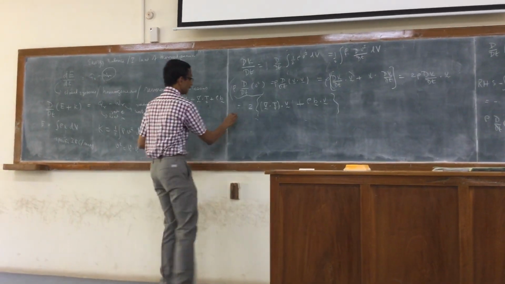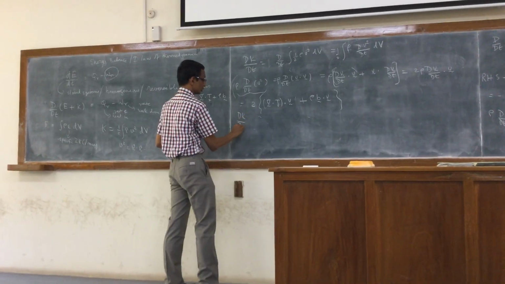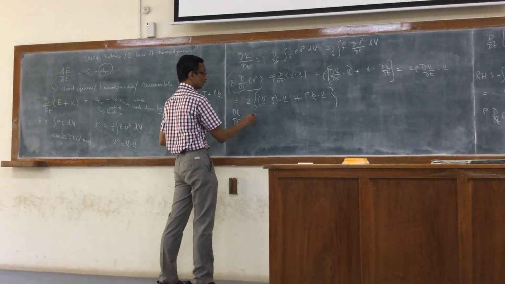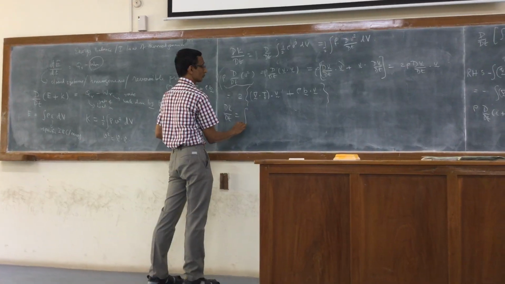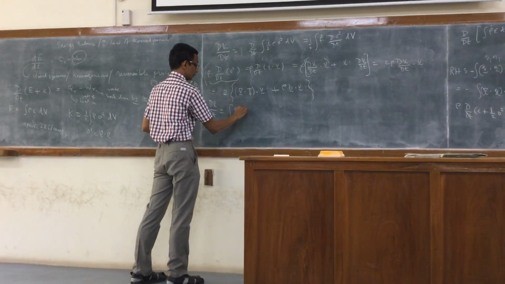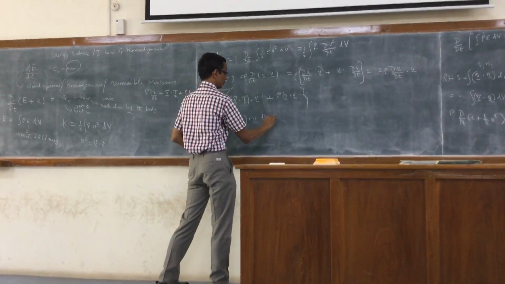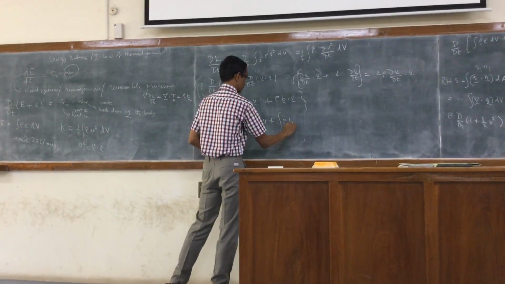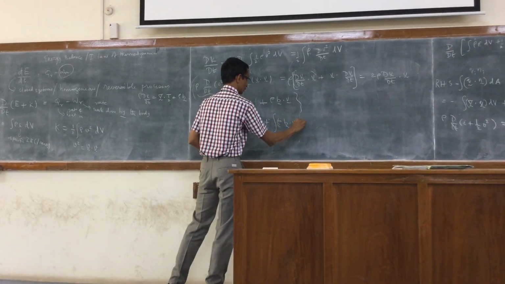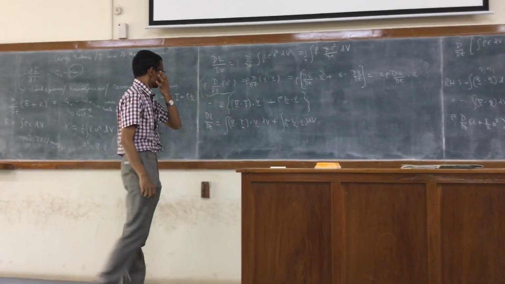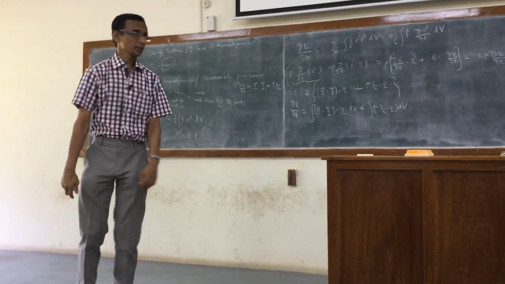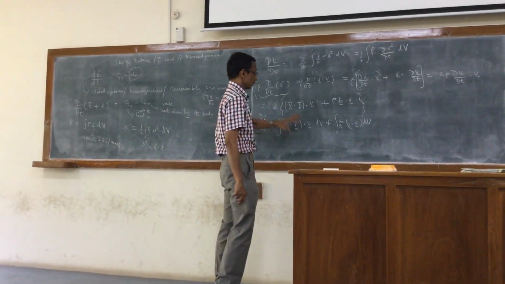So clearly dK by dt, that 2 will cancel with the half there, would be the integral of this, is what I have. Now let's look at this closely.